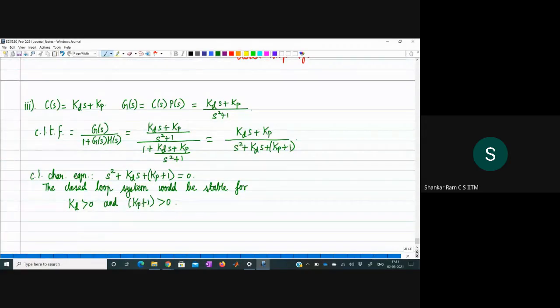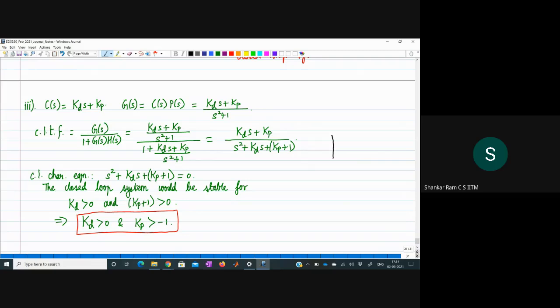This would imply that KD should be greater than 0 and KP should be greater than -1. So this is the range of the gains that would stabilize the closed loop system.